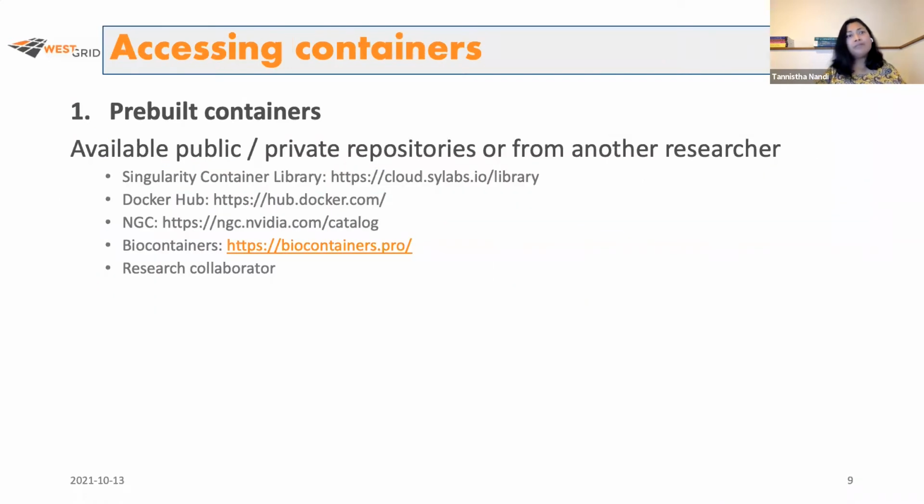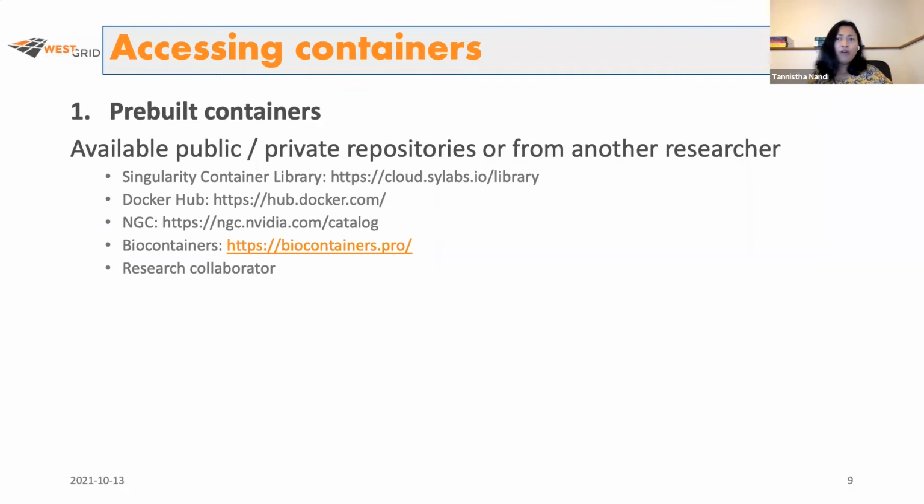Now, at this point, it all sounds good, but the question is how to get a container image for our own research use. Well, the simplest option is to look around in the public repositories for what you need. Maybe you can find a pre-built container image for your requirement.